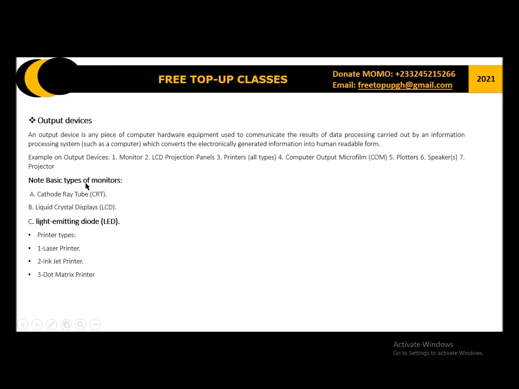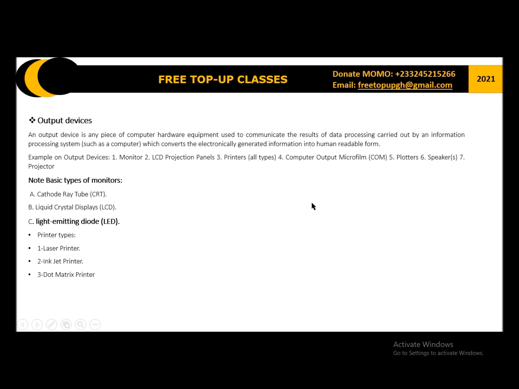So we can say that examples of output devices are, one, the monitor. We have LCD projection panels. We have printers, all types. We have computer output microfilm. We have plotters. We have speakers.